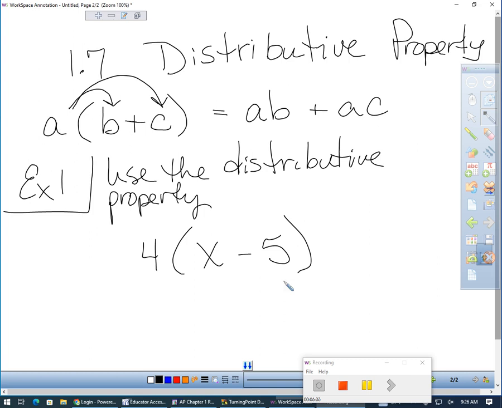Since you have something outside a parenthesis right next to it, the distributive property says we have to multiply everything inside that parenthesis by whatever is next to it. So we're going to start with 4 times x. 4 times x is 4x. And then we have 4 times negative 5, or negative 20.